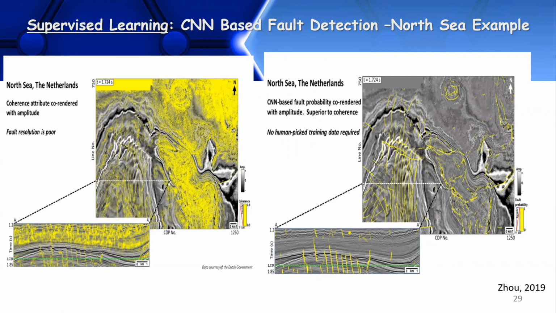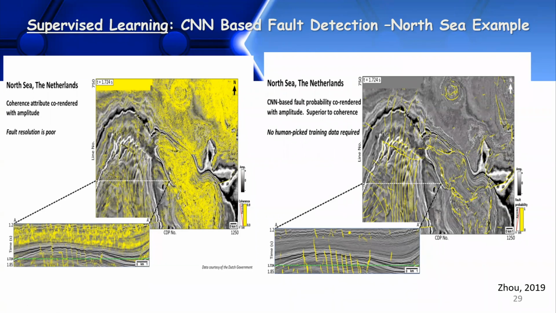And you can see in this example, the coherence in the upper part of this section is really highly contaminated by noise or syneresis. And even in the lower section where the faults are quite clear, hopefully people can see my arrow.